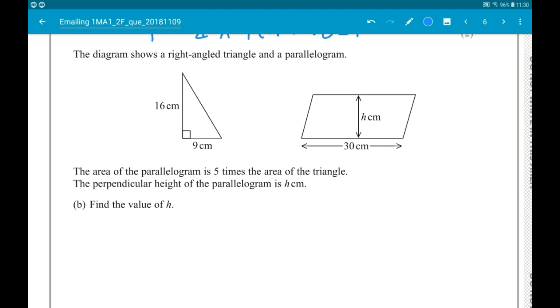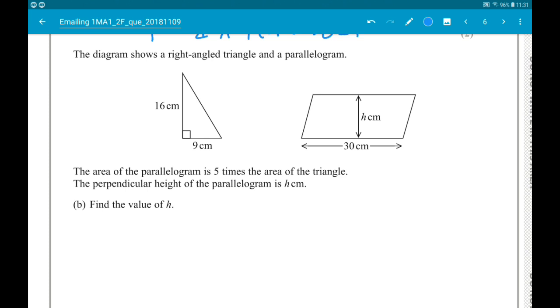We want to find the value of h. Okay, so to do that, we're going to need to know the area of the parallelogram. Now, parallelograms always cause problems. It's in my formula booklet. The area of a parallelogram is the same as a rectangle. It's just base times height.